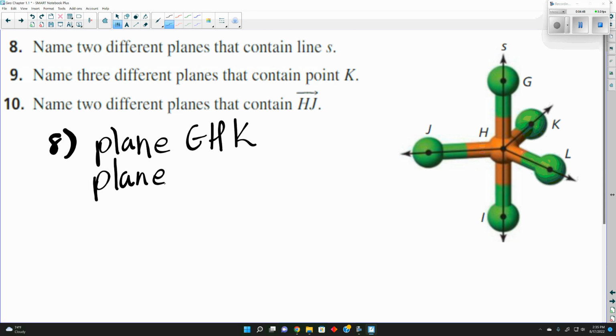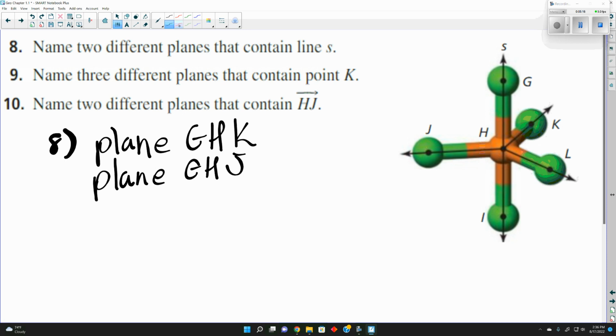What's another one? Yeah. Because G, H, J, yes. Because both of those are naming a plane that does contain line S.